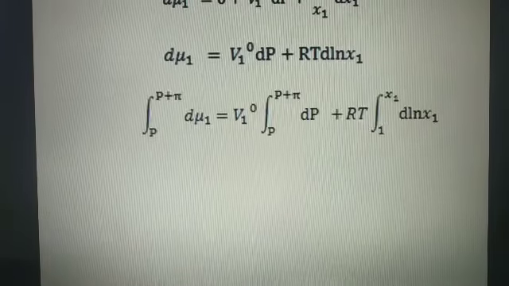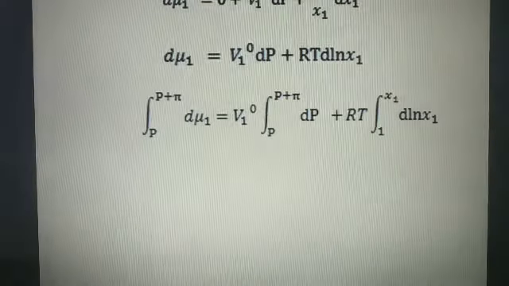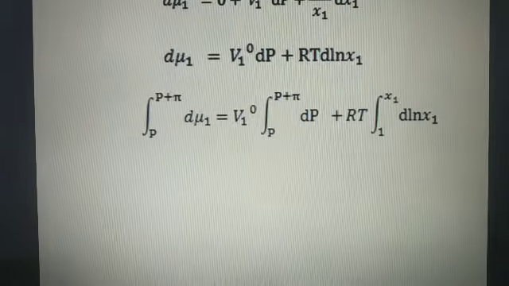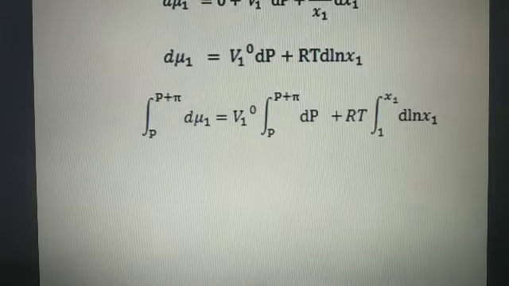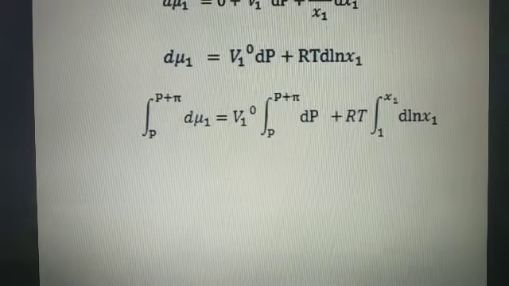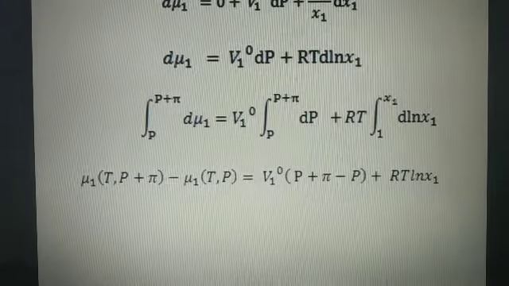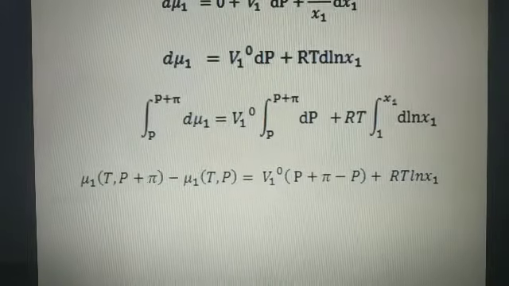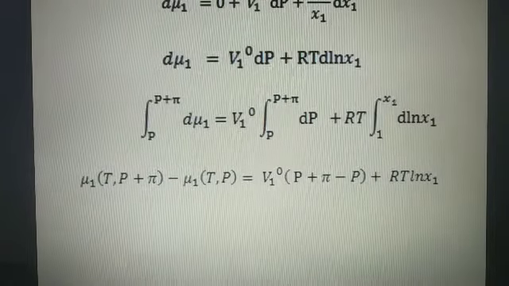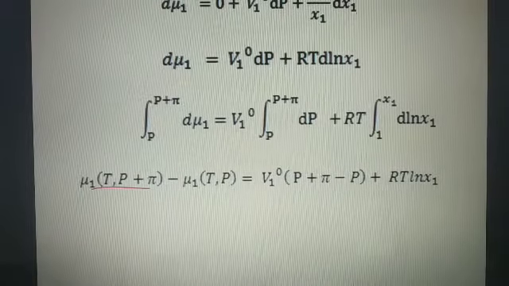Let us further modify it by integrating, within the limits P to P plus pi. So the integral of d mu1 equals V1 naught times the integral of dP plus RT times the integral of d ln x1. When we integrate it, it is the chemical potential of the solvent at temperature T and P plus pi, the temperature being constant and may or may not be mentioned, minus mu1 at temperature T and P. One is the solution side, another is the solvent side.